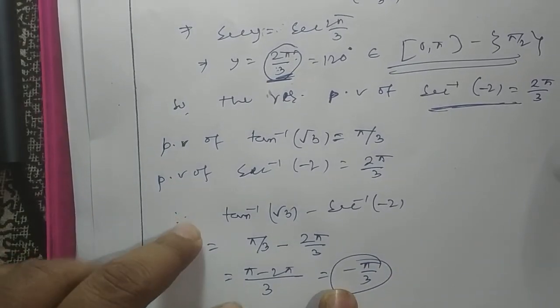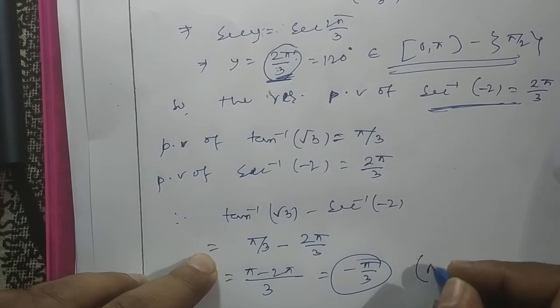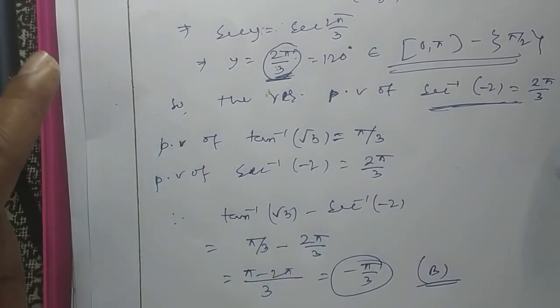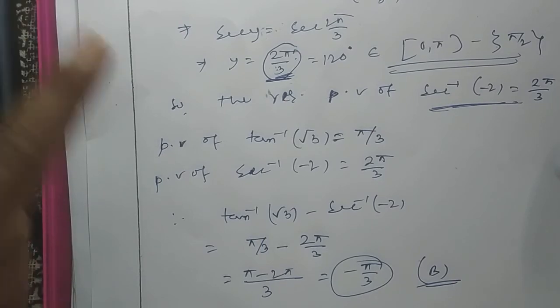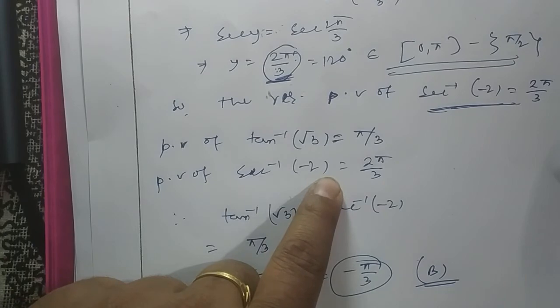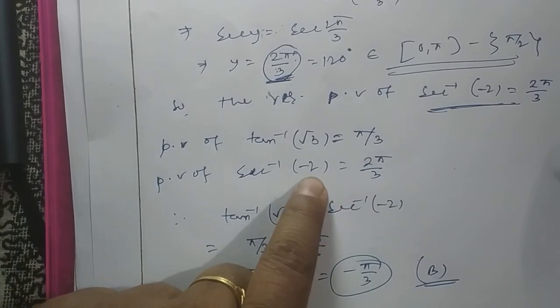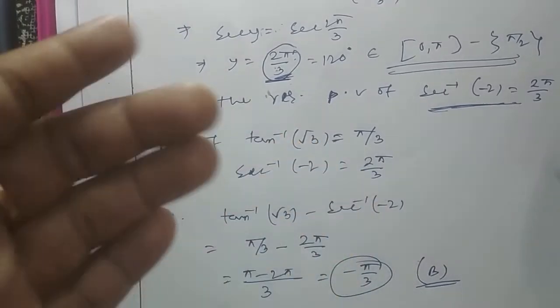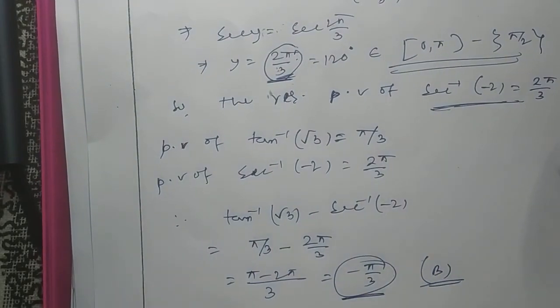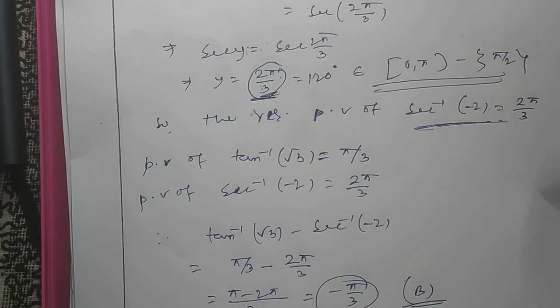That means it is matching with option B. Understood? So here first we found the PV of tan inverse root 3, that was pi by 3, and now we found the PV of sec inverse minus 2, that is 2 pi by 3. After finding all the PVs, put them here. It will be minus pi by 3. That is the answer. Correct?